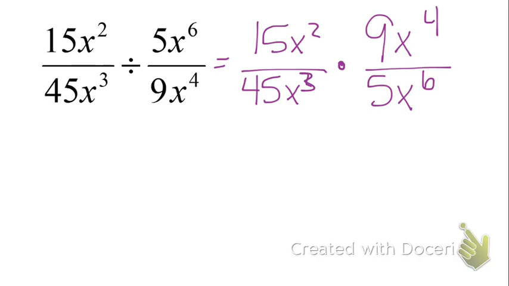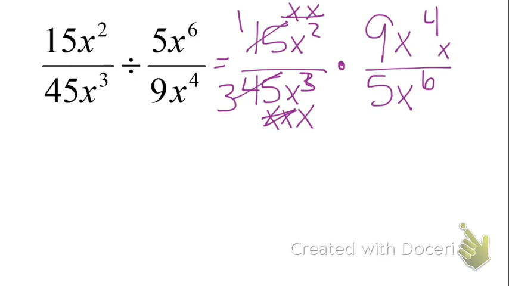There's a couple different ways that you can do this problem. You can go ahead and multiply everything across, or you can reduce each fraction. I know I can reduce 15 over 45, and that'll give me 1 over 3. I've got 2 x's on top and 3 on the bottom, so my 2 on top can cancel 2 of those on the bottom.